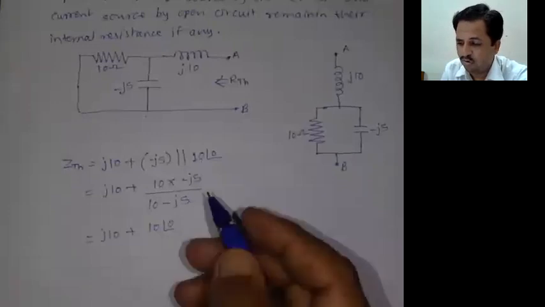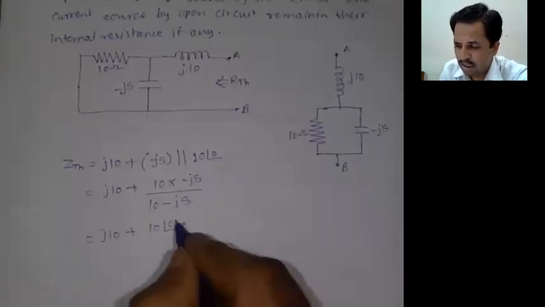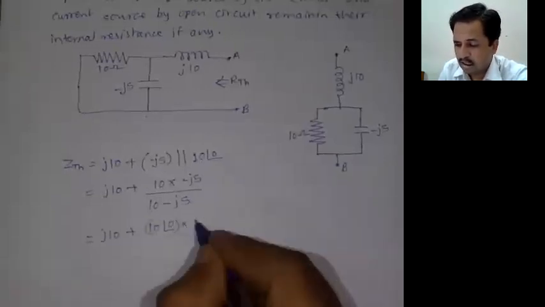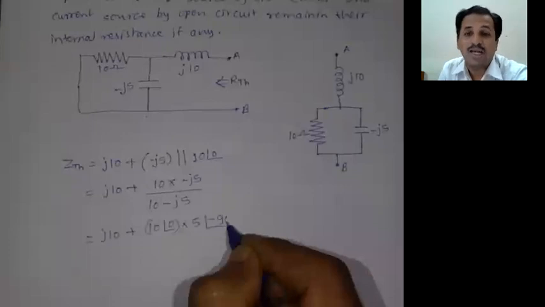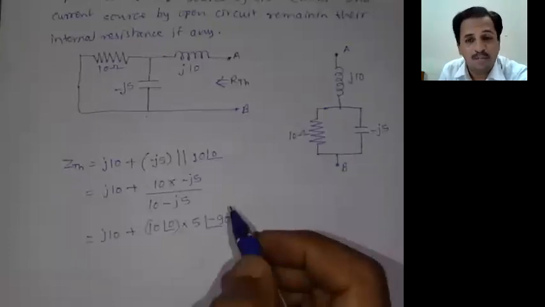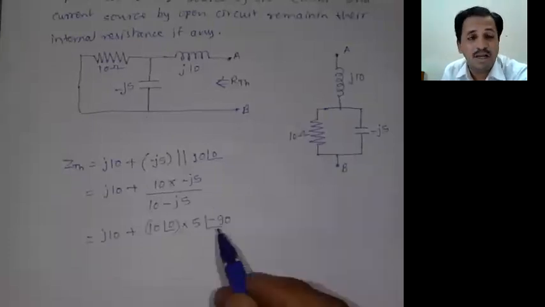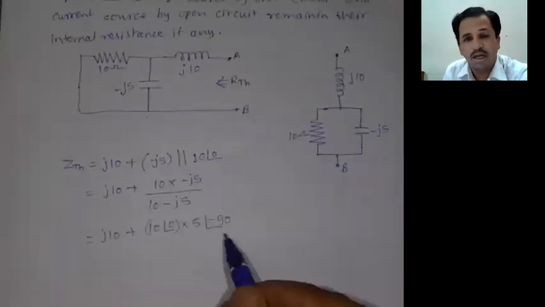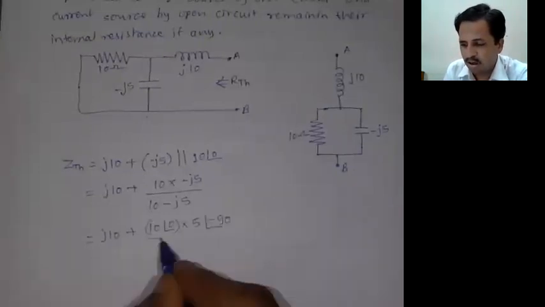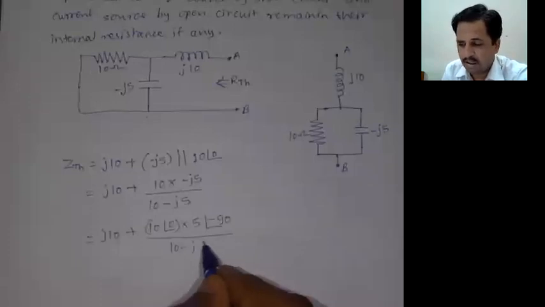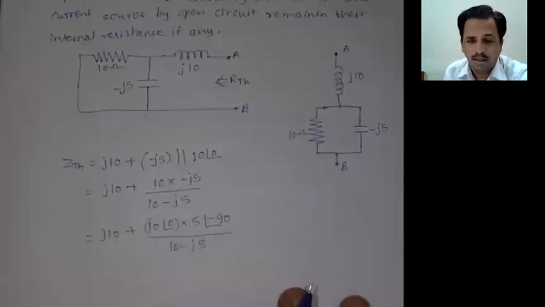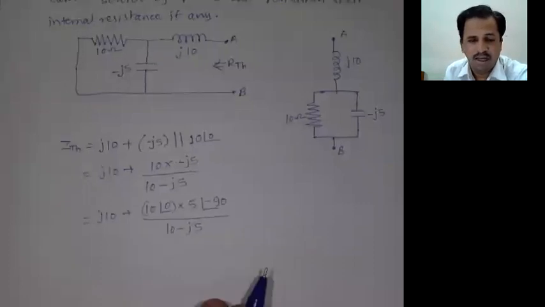Now for this j5 we have to make the multiplication, that is 5 with magnitude and the angle should be minus 90 degrees. It is also for the capacitor. As the capacitor is present, we have to use the negative sign. Upon this quantity, it is as it is 10 minus j5, that is the quantity in rectangular form.